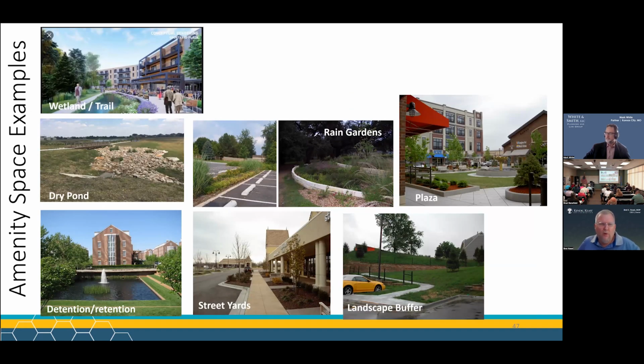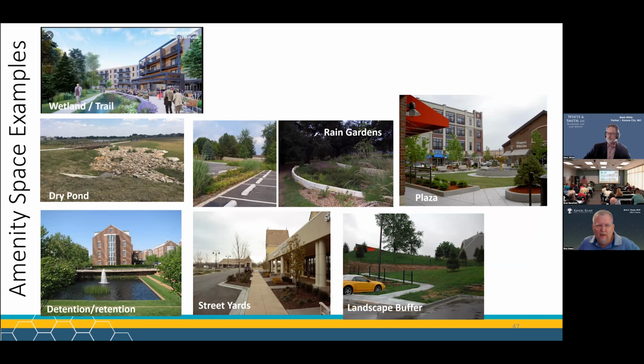So these are just more examples that could be anywhere from preserving a wetland or constructing a wetland, having trails along it that makes for a nice amenity. Having different types of ponds and rain gardens and different ways that we can collect and store and then convey stormwater, but creating those as an amenity at the same time.